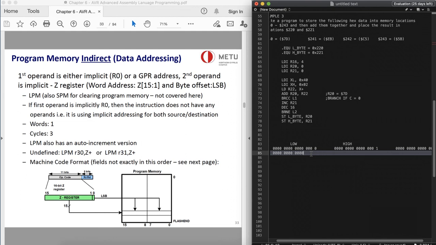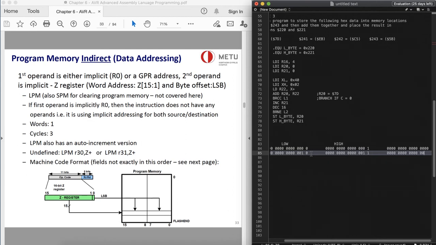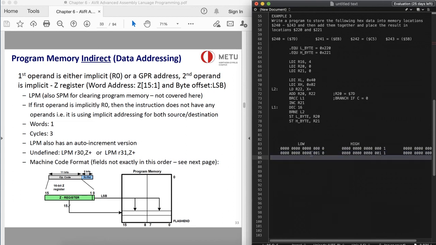Then it goes to 1 0. This is again 0. And the next one is going to be 1 1. So this is address 1. And then let's do another one, just to make sure that you understand.